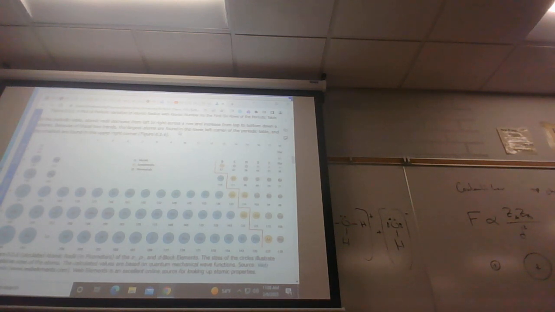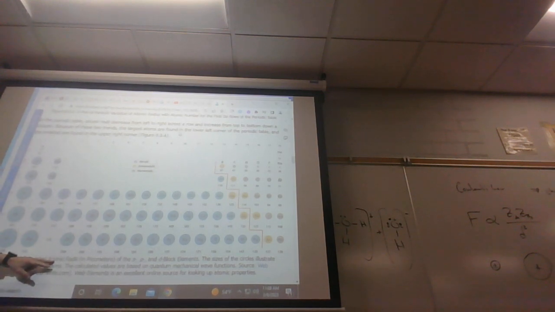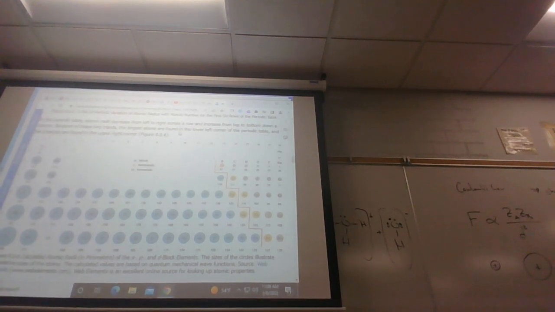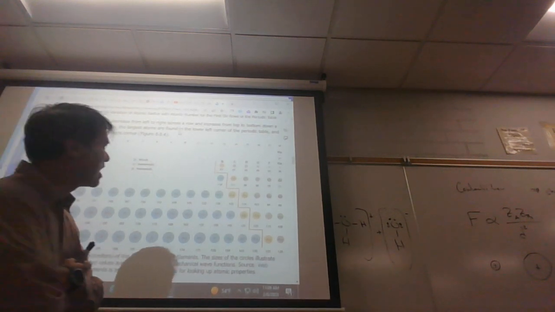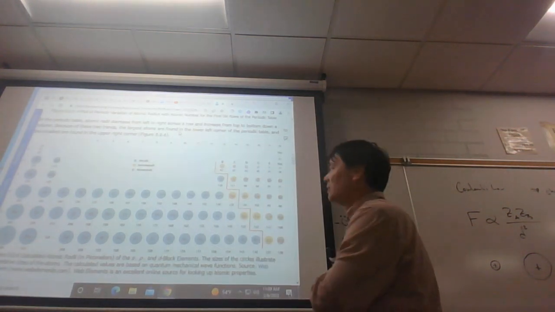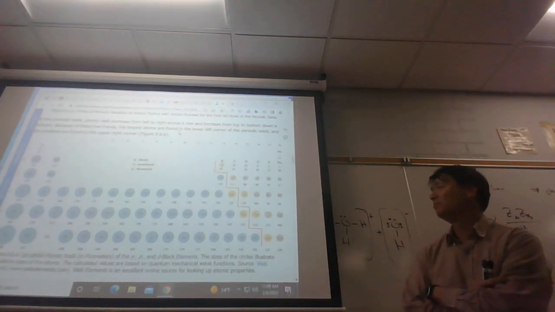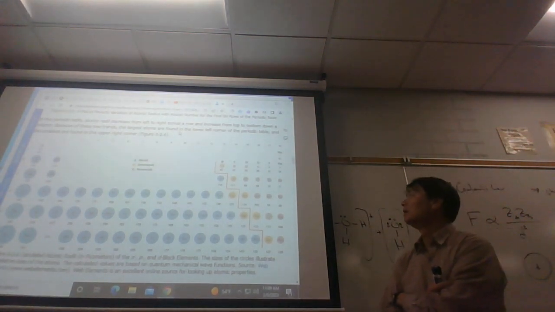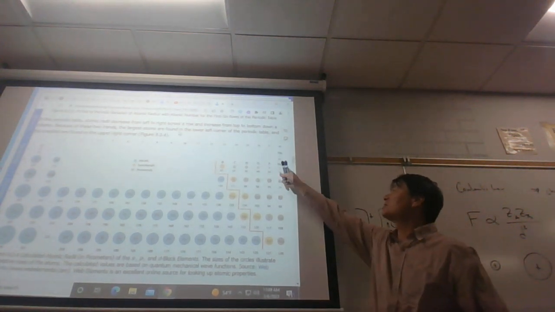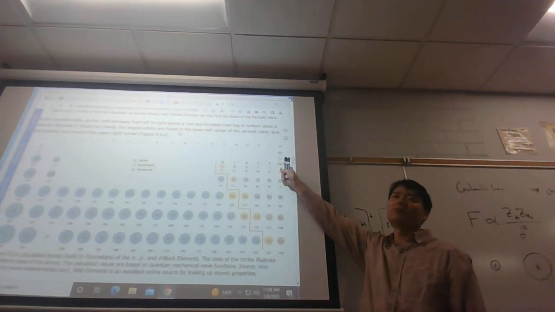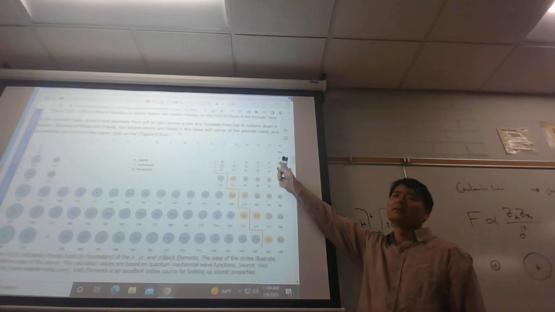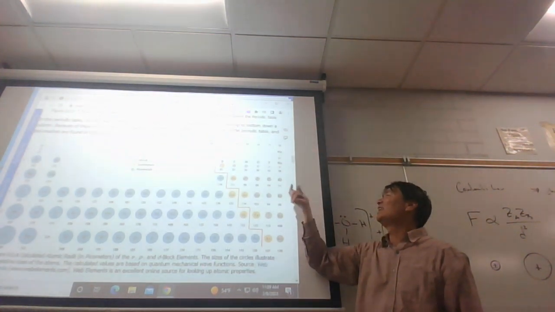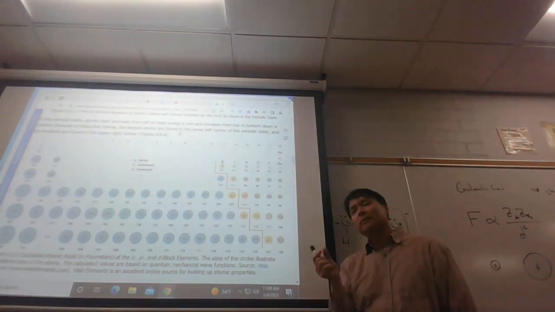Do you know how I figured that out? Because this is the atomic radii in picometers, so we have to double it. When we double it, what's the smallest atom? Helium's the smallest. We double it, it's around 62. So helium has a diameter of 62.